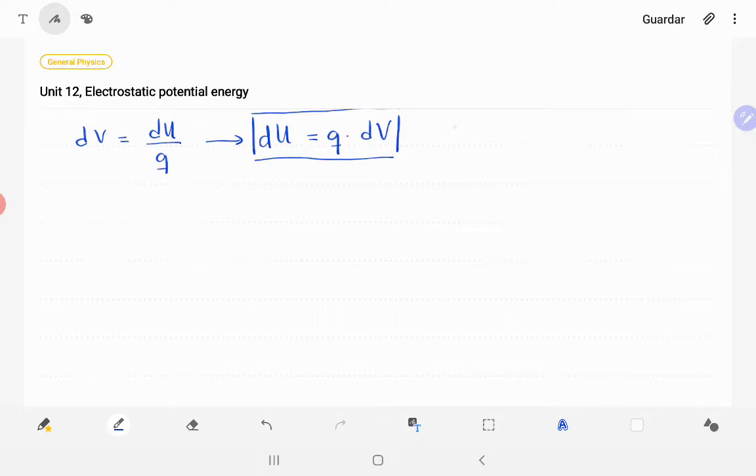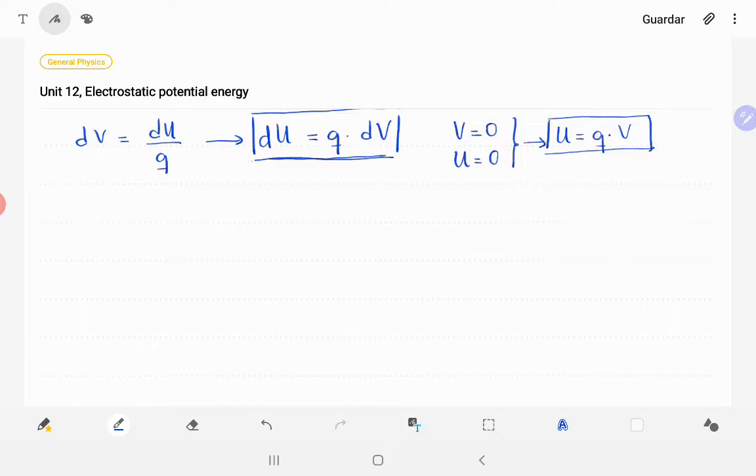So we're going to choose this origin of electric potential as the same point as the origin of electrostatic potential energy. And if we do this, we can integrate this expression and show that the electrostatic potential energy of a charge Q at a point where there is an electric potential V is given by Q times V.